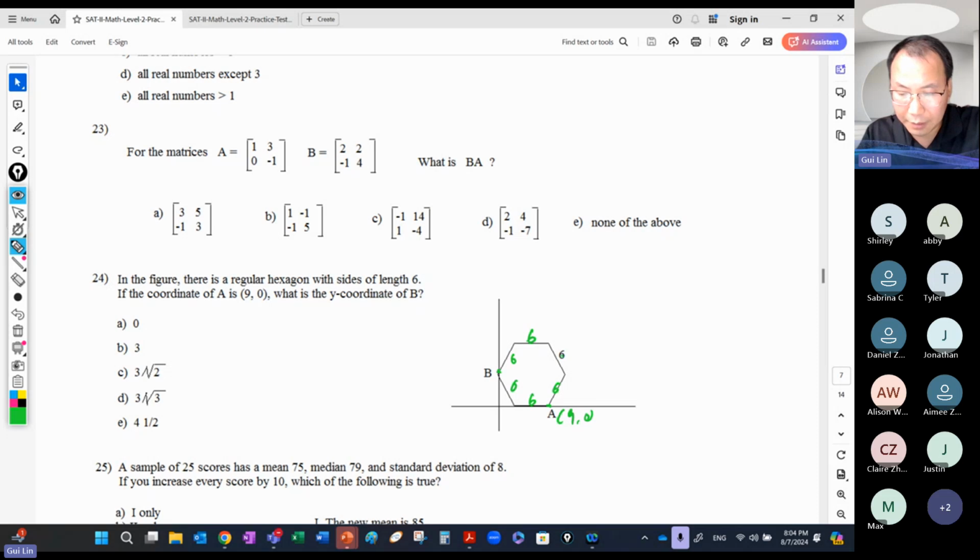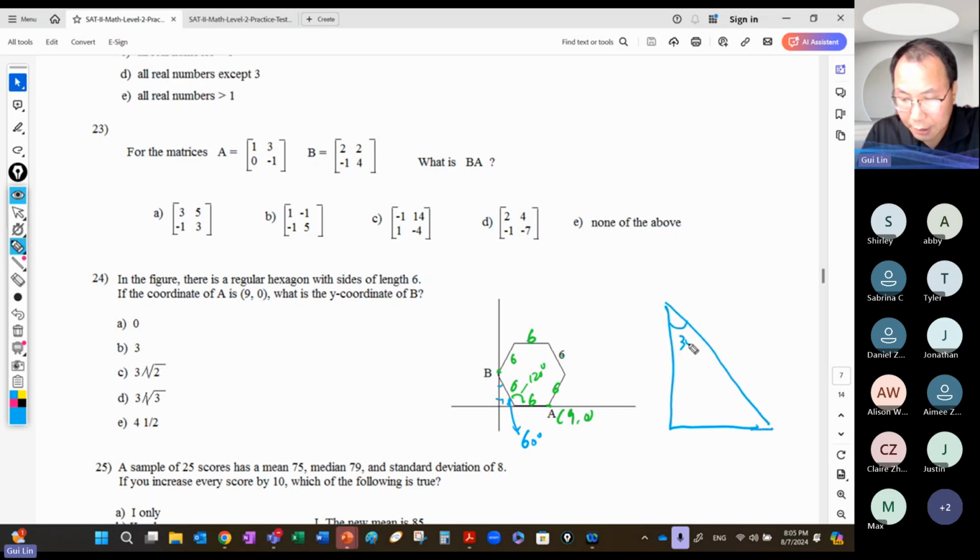Every side is 6. What's the degree here? 120 degrees, right? So what's the angle of this part? Here is 60, so here is 30 degrees. Here is 90 degrees.